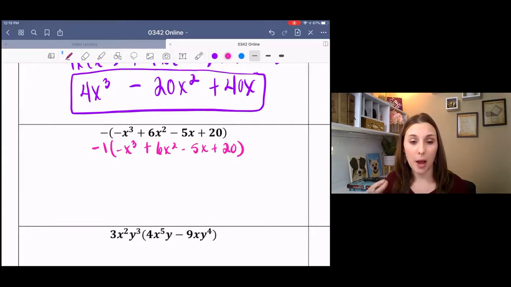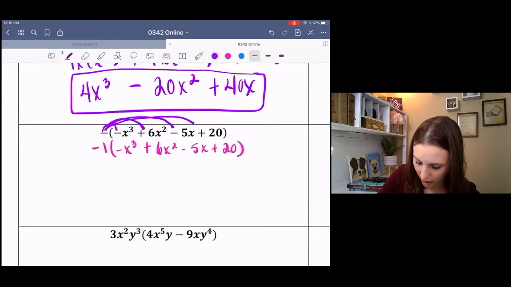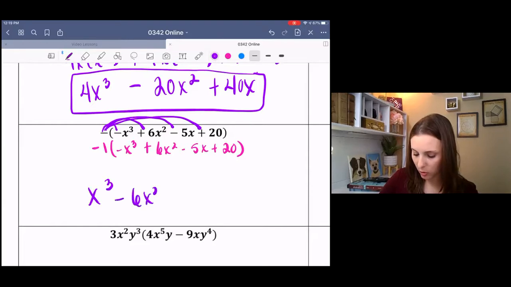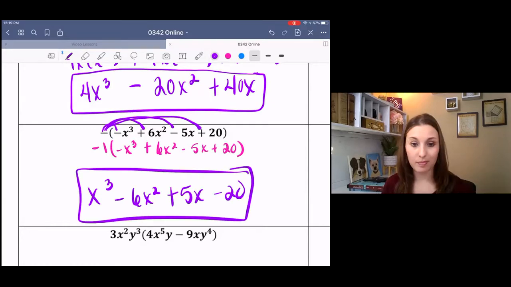But basically what's happening is you're taking a negative and multiplying it by each term, which just means you're taking the opposite of each term. So it becomes positive x to the third, negative 6x squared, positive 5x, negative 20. That's all.